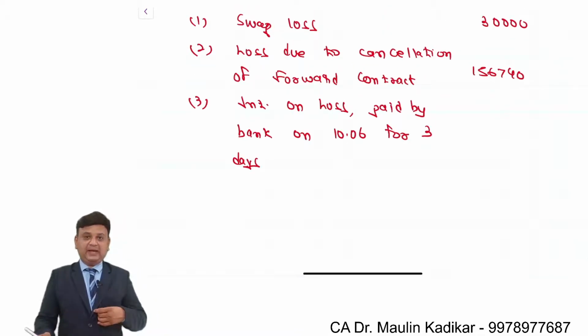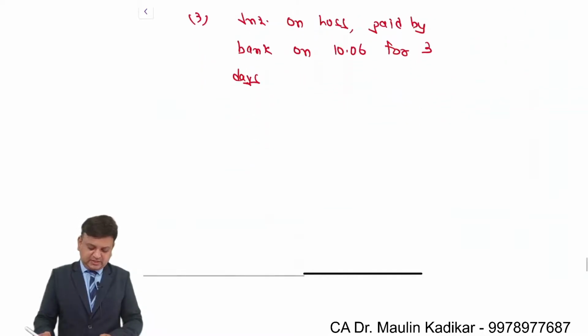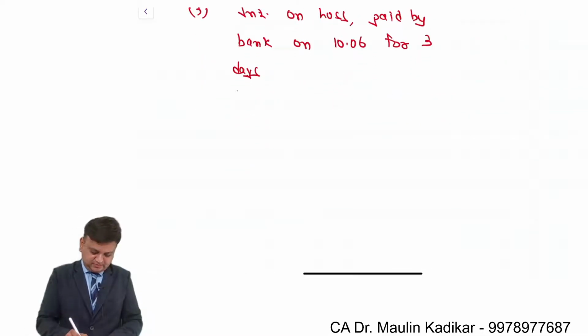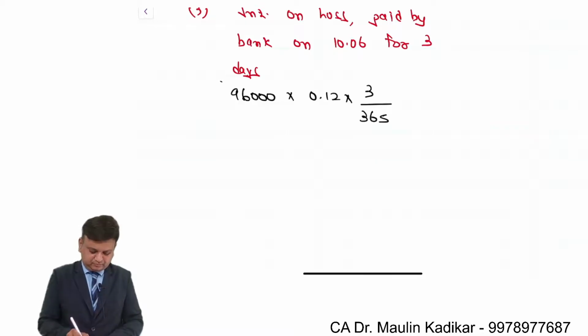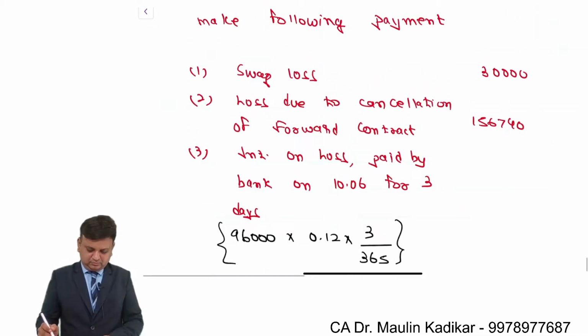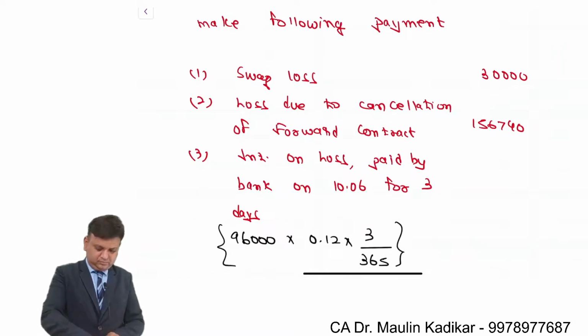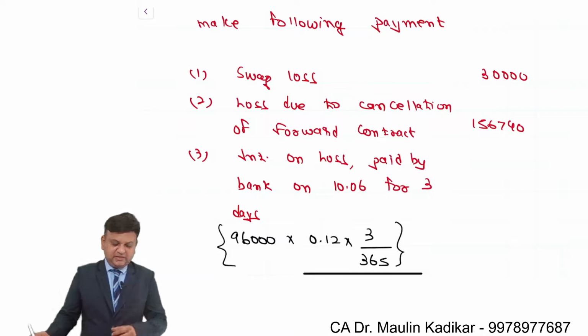So whatever the loss which the bank had paid on 10th of June, for that the interest is required to be paid for 3 days. So 96,000 into 12% into 3 divided by 360 or 365, anything that you can take. 94.68.